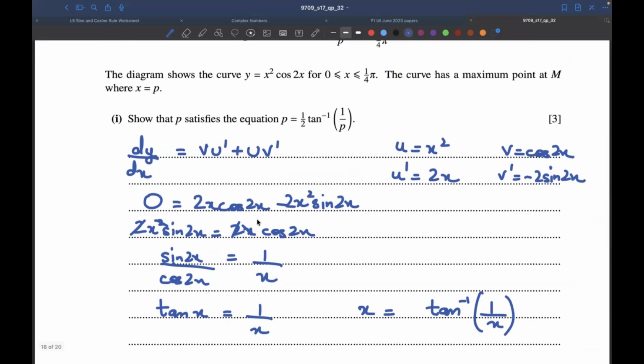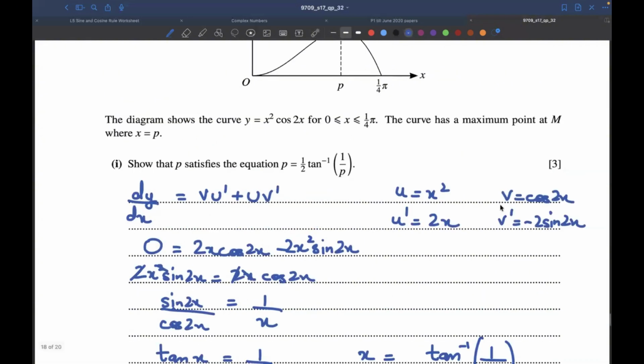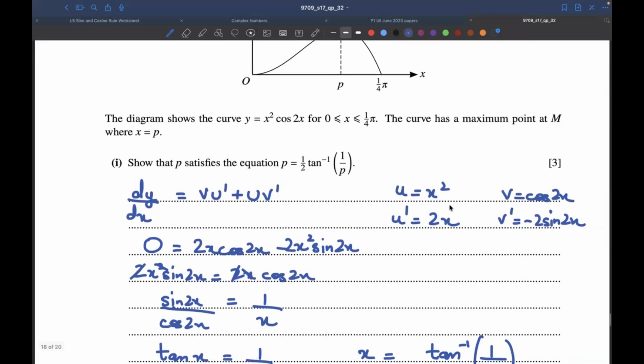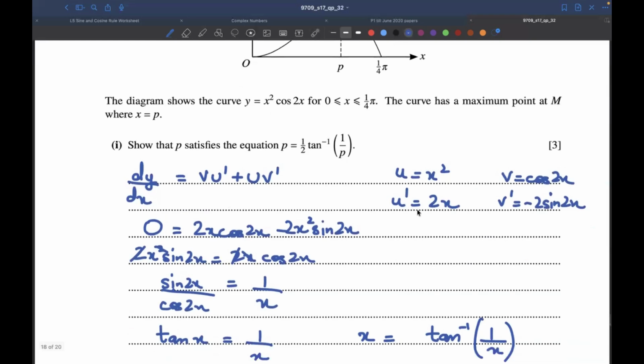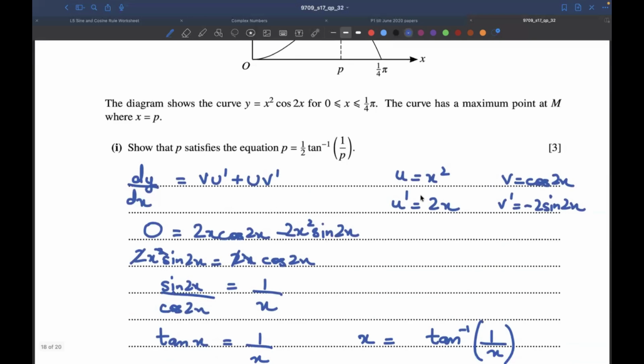So let's check if we have missed out on any value over here, because there's supposed to be a 1 upon 2 over here. vu dash is 2x cos 2x, and uv dash is minus 2x squared sine 2x.